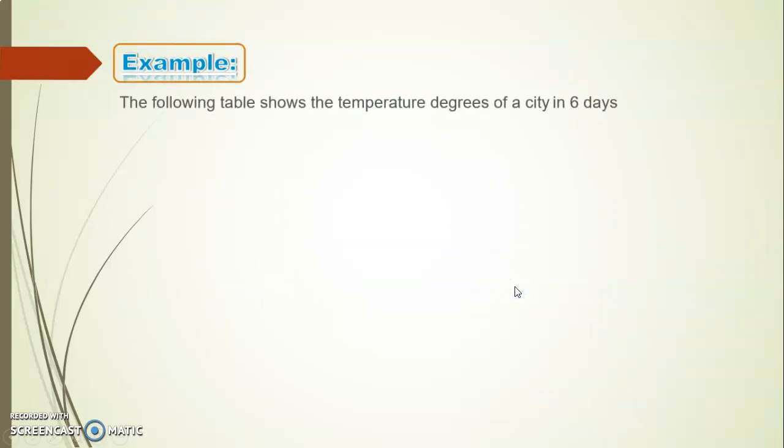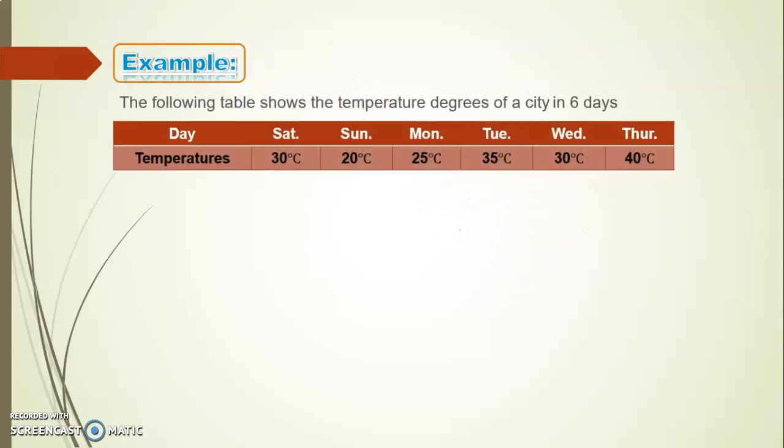Example. The following table shows the temperature degrees of a city in 6 days. Here are the days from Saturday to Thursday, and here are the temperatures in the 6 days.